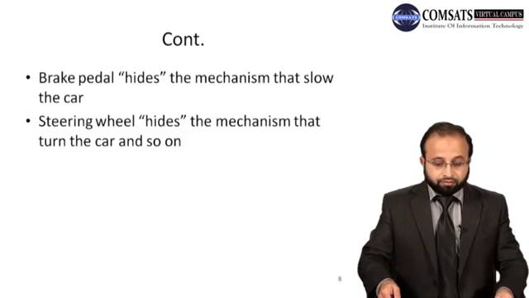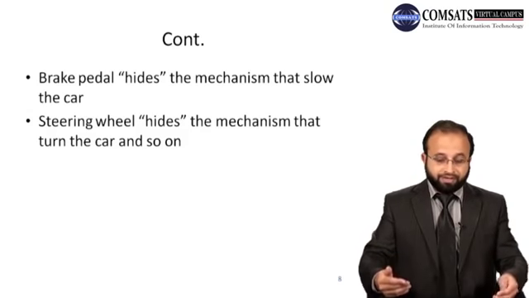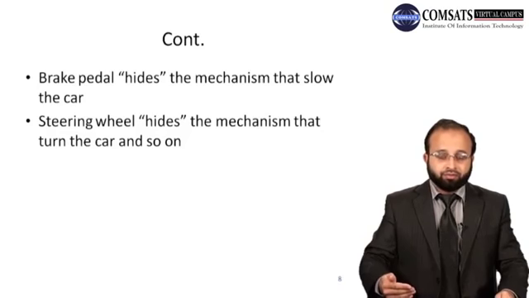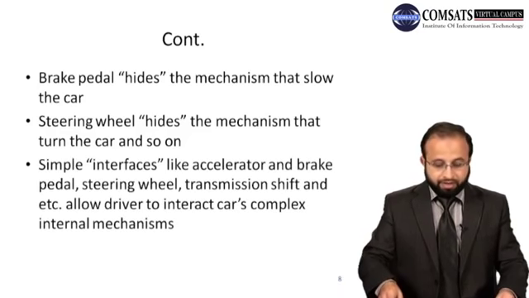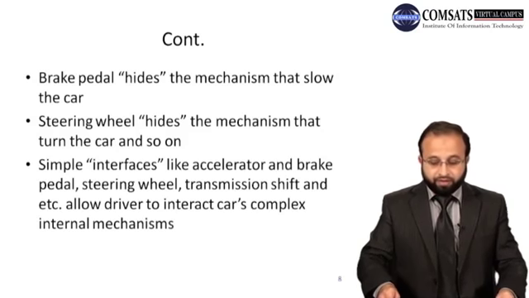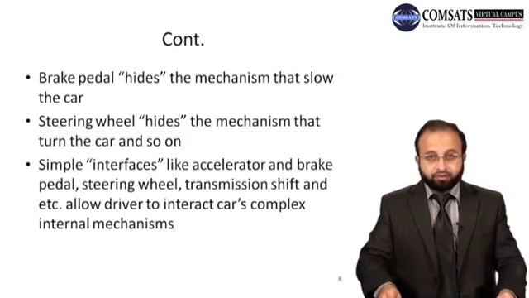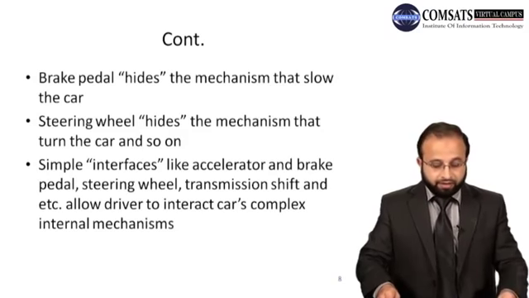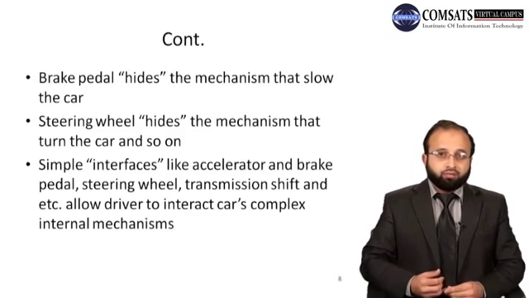So we have seen that there is a principle that is called hide. You hide the complexity from the user and provide a simple interface to the user. Simple interfaces like the accelerator and brake pedal, steering wheel, transmission shift, so you change the gear, you move up as you move faster, and so on, allow the driver to interact with the car's complex internal mechanism. So these are the interfaces. What are the interfaces?